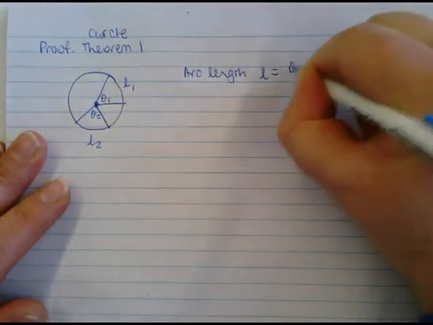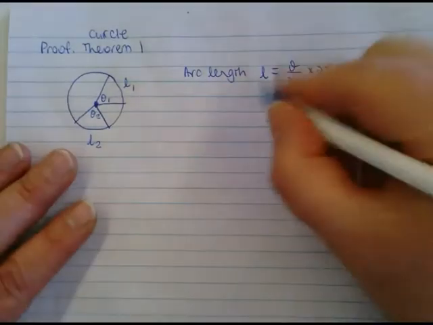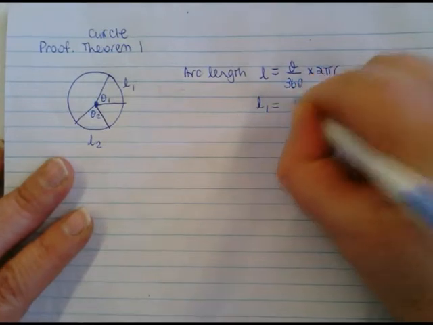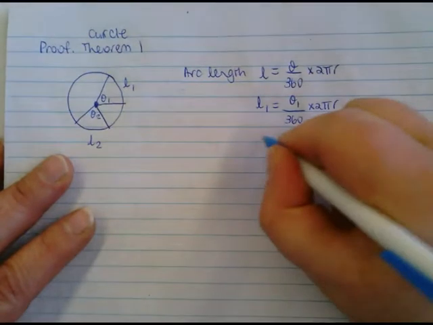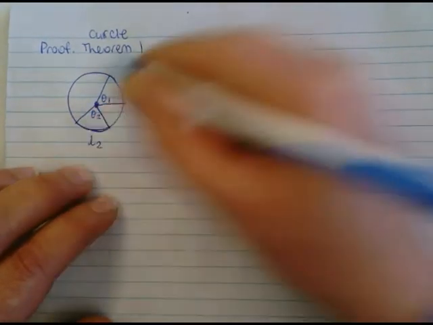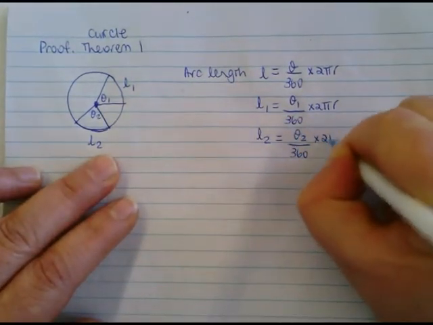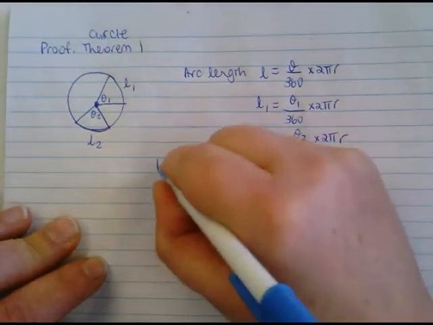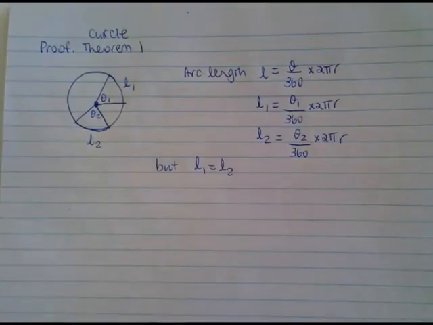is L equals theta over 360 times 2 pi r. So L1 is theta 1 over 360 times 2 pi r. And we know that L2, the length of arc L2, is theta 2 over 360 times 2 pi r. But we know that L1 equals L2 because the theorem is equal arcs subtend equal angles at the center of the circle.